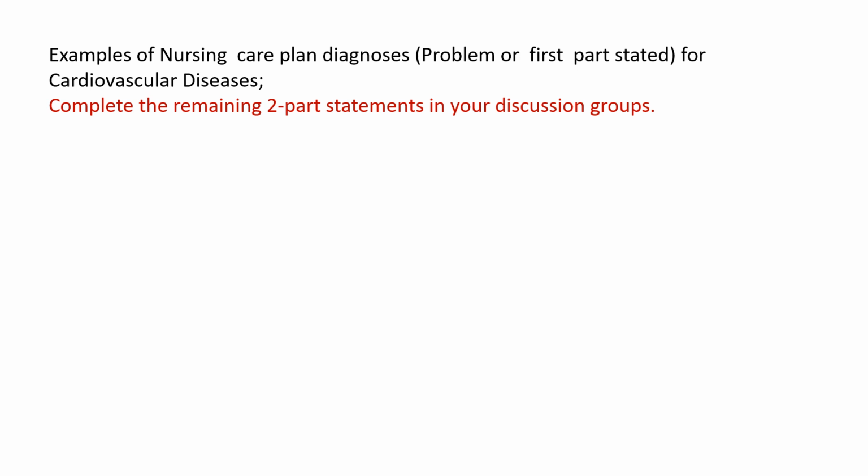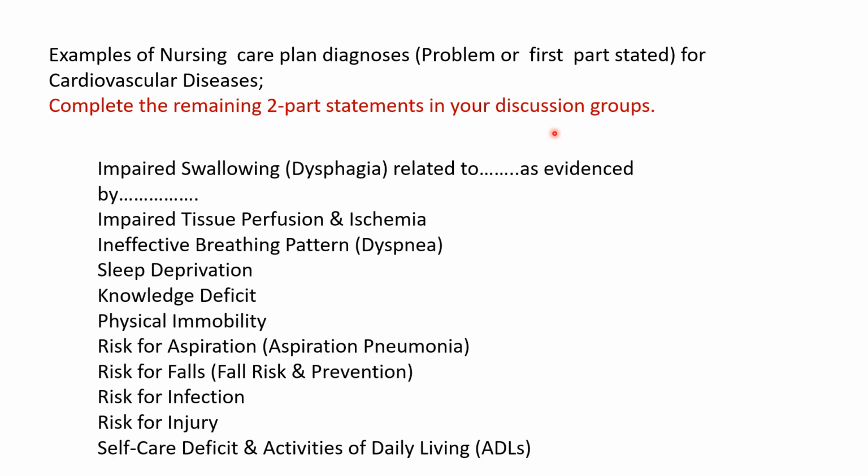Examples of nursing care plan diagnoses: the problem, or first part, is already stated for cardiovascular diseases. So I want you to complete the remaining statements in your own discussion groups. That is on impaired swallowing. That is the first statement. You are supposed to finish it: impaired swallowing related to, as evidenced by.